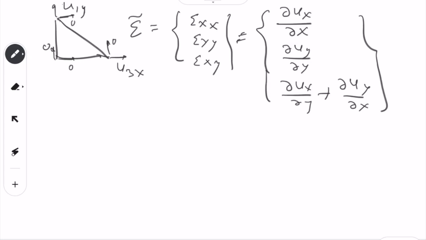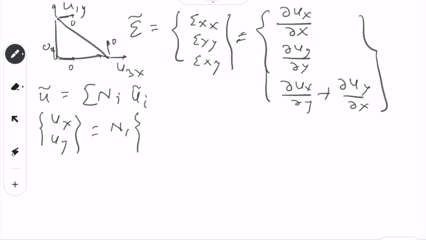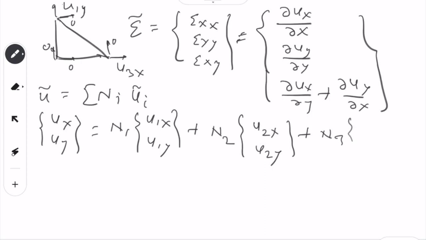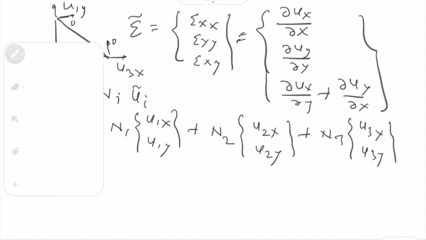So basically we know that u tilde is the summation of N_i u_i tilde, or basically what we mean to say is ux and uy is equal to n1 times u1x, u1y plus n2 times u2x, u2y plus n3 times u3x, u3y. Okay, now in this case all others are 0, right.